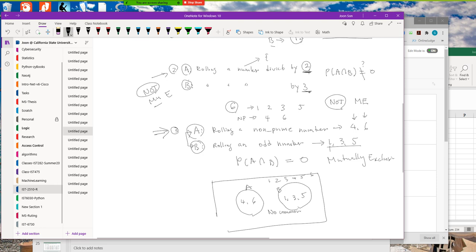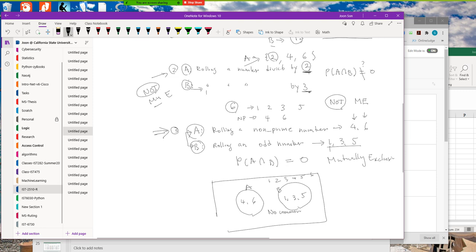Is 1 divisible by 2? No. 2? Yes. So we have 2 for event A. 3, no. 4, yes. 5, no. 6, yes. So event A is 2, 4, and 6.